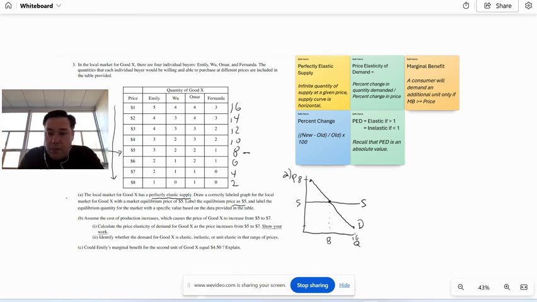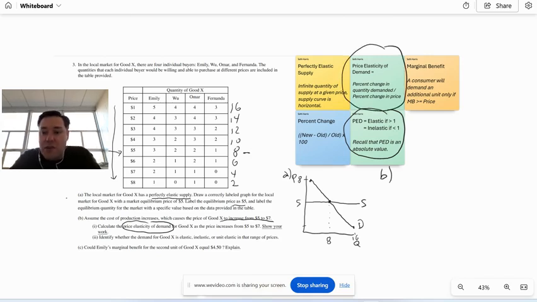All right, part B. Price change, right? Price of good X increases from $5 to $7. And they want us to calculate the price elasticity of demand. All right, very important to know this up here. And before we get there, the price elasticity of demand, what it is, the formula.